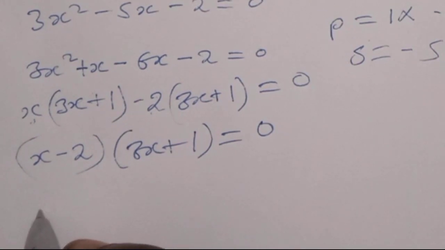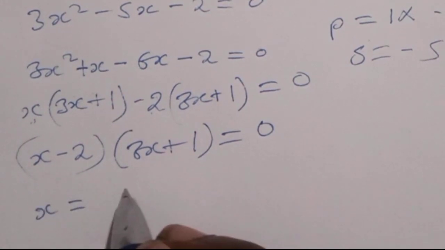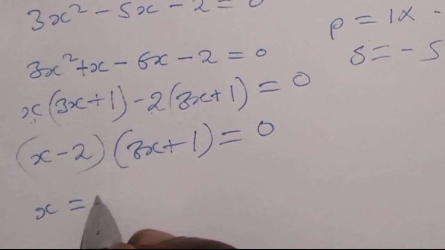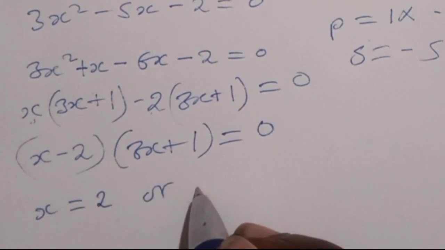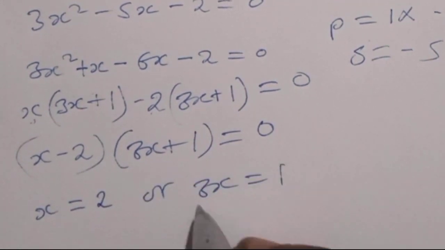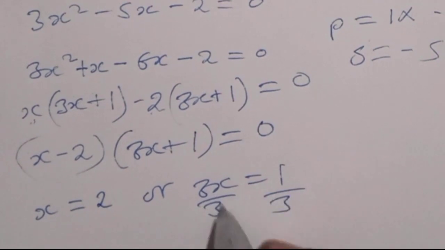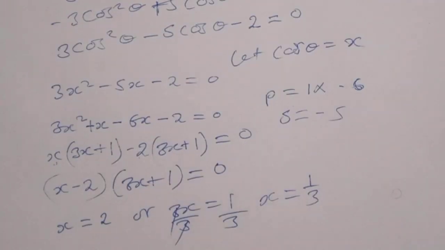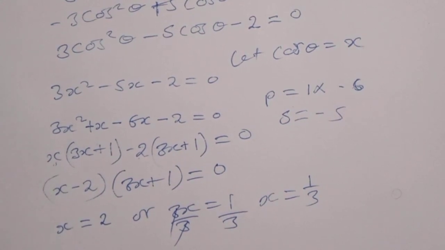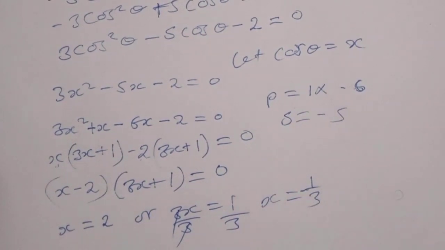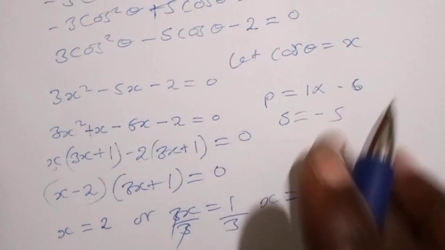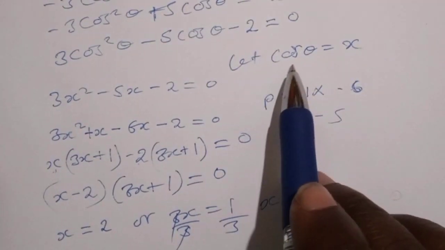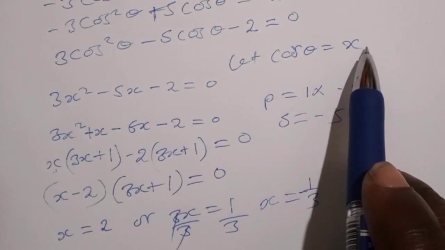So our first value of x is x equals 2, or 3x equals minus 1. We divide by 3, and we are going to have x equals minus 1 over 3. We have to substitute back, because we let cos theta equal x.